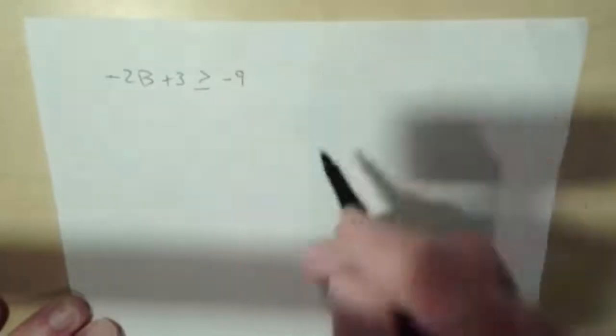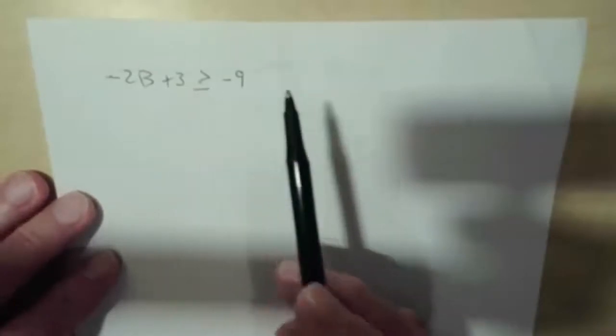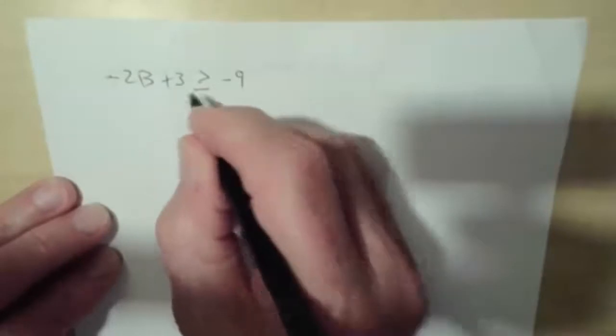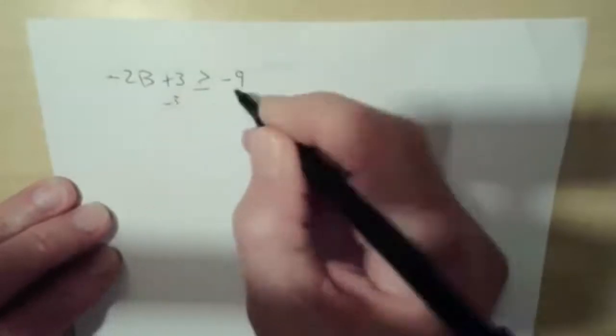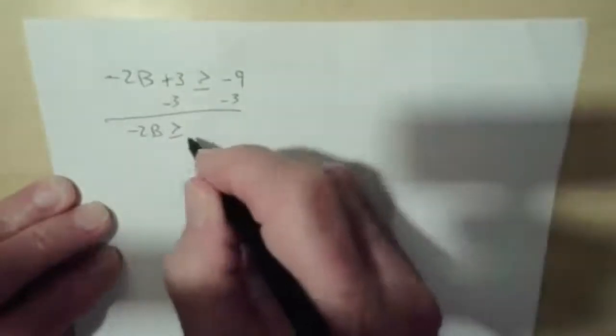Okay, so the first thing we do is, remember, we get rid of addition, subtraction first. We do PEMDAS backwards when we're solving equations or inequalities. Subtract 3 from each side. Negative 2b is greater than or equal to negative 12.